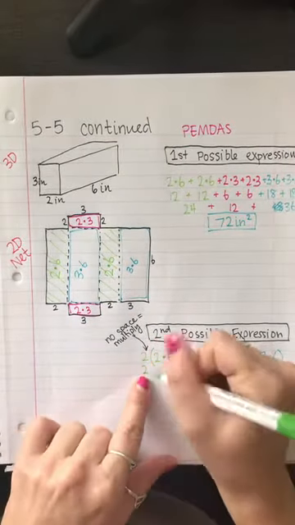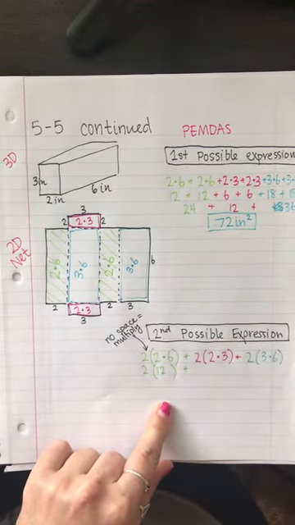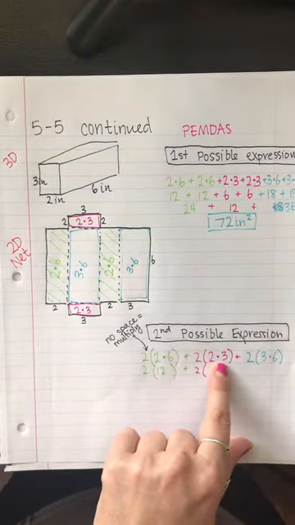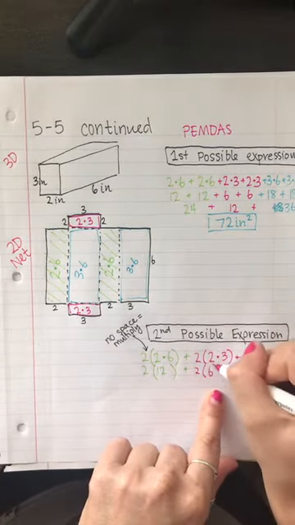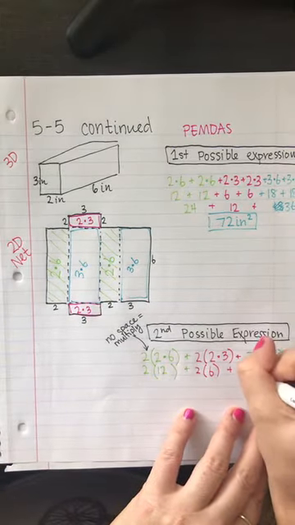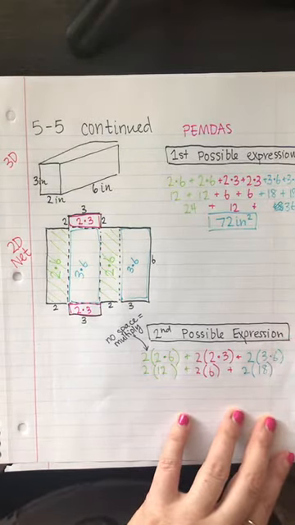So I still have 2 here, and then 2 times 6 is 12. Plus 2, and in my parentheses I have 6. Plus 2, and in my parentheses I have 18.